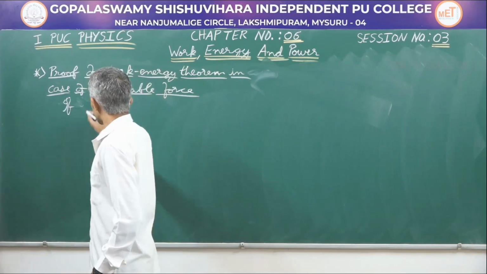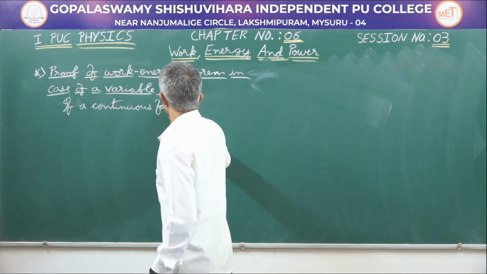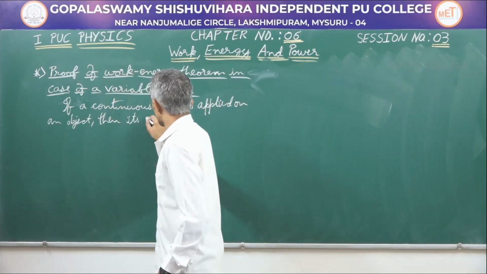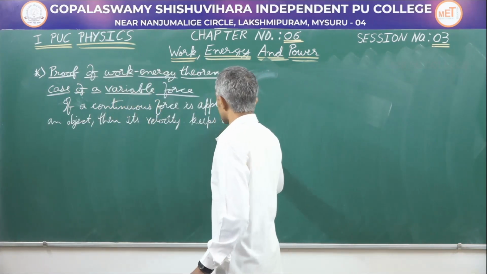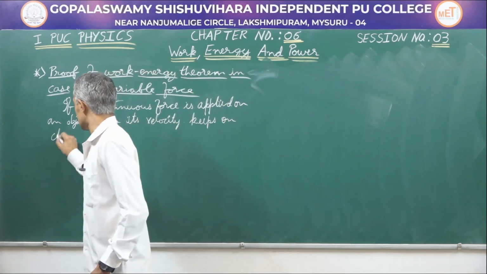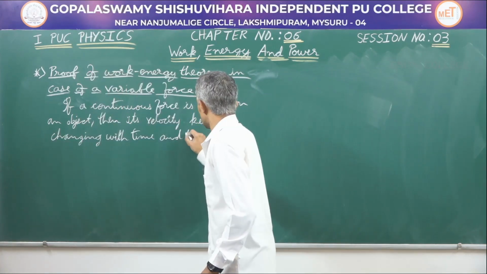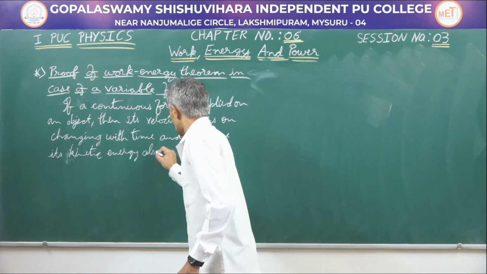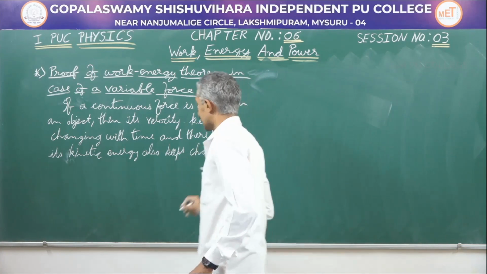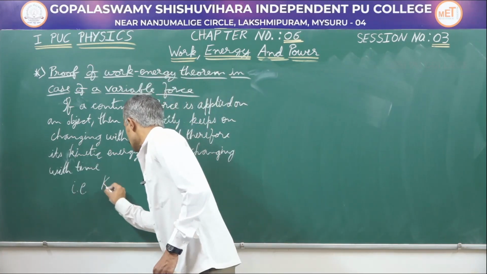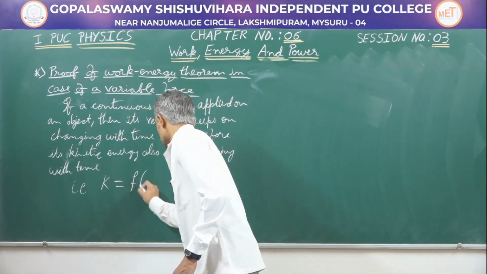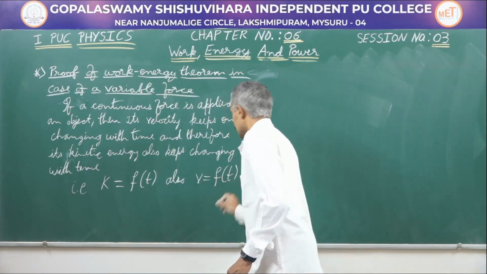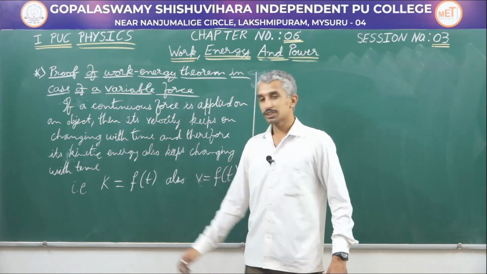We know that if a continuous force is applied on an object, then its velocity keeps on changing with time, and therefore its kinetic energy also keeps changing with time. That means kinetic energy is a function of time. Also, velocity is a function of time.